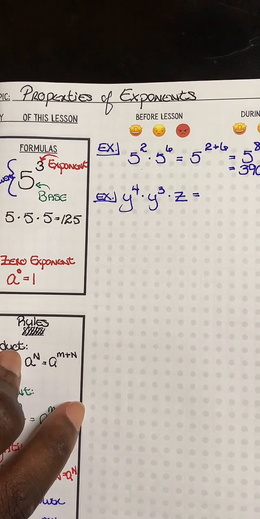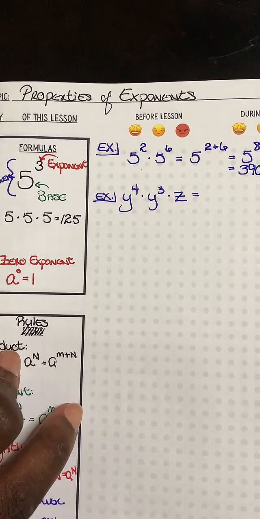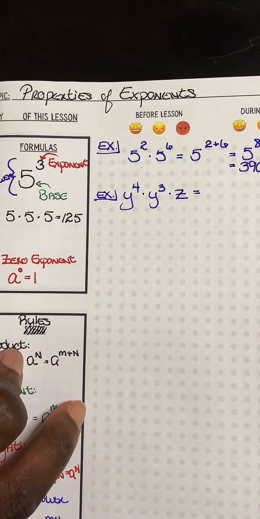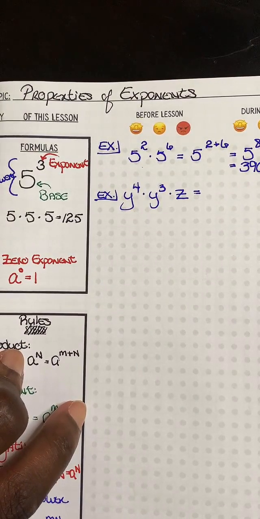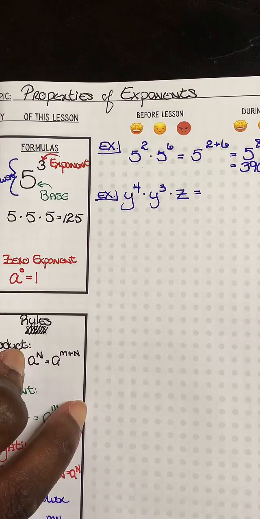Okay, y to the 7th z. All right, so y to the 7 times z. There you go. You don't even have to write the word times. Just put the z right next to it.